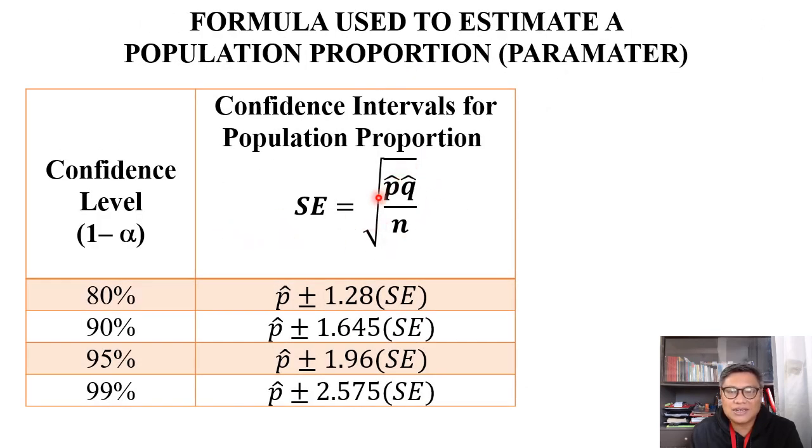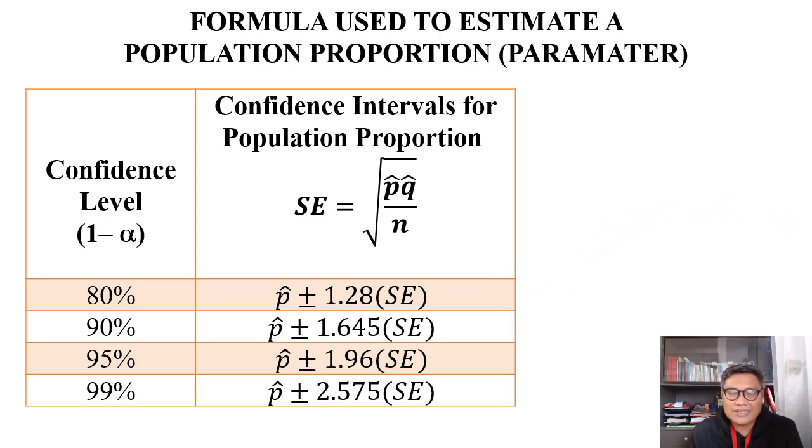The only difference is that we call this the standard error of the proportion. So still, we have the 90% confidence, the 95% confidence, the 99% confidence with their corresponding critical values multiplied by the standard error, which is the formula above. And of course, instead of the mean as the point estimate, we are now using the proportion. So that's the difference, class.